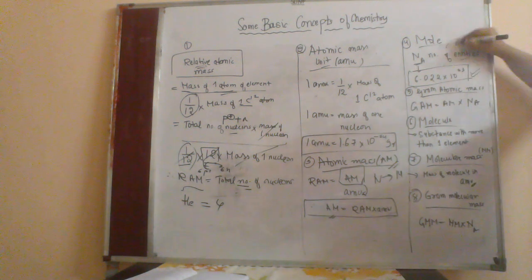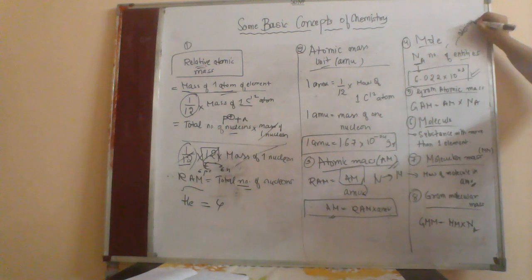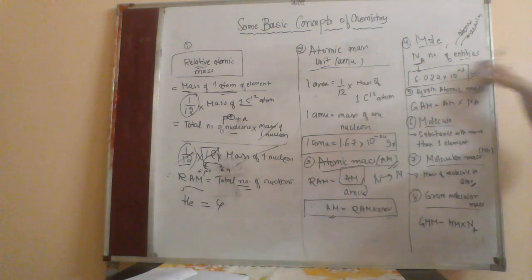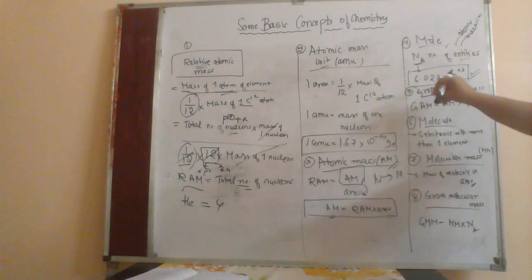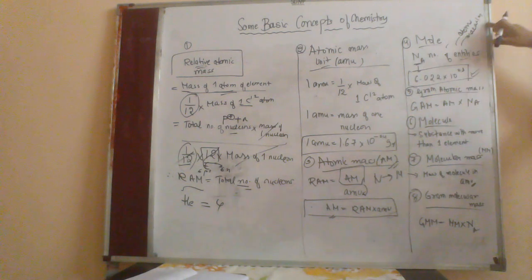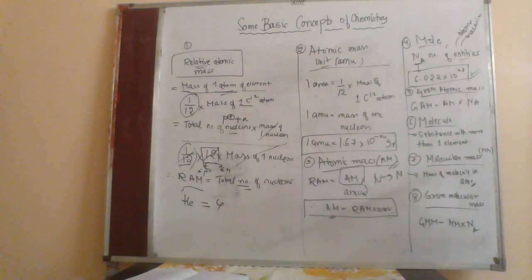Entities may be atoms, molecules, anything. So Na, that is 6.022 into 10 to the power 23 atoms or the same number of molecules, are known as a mole.